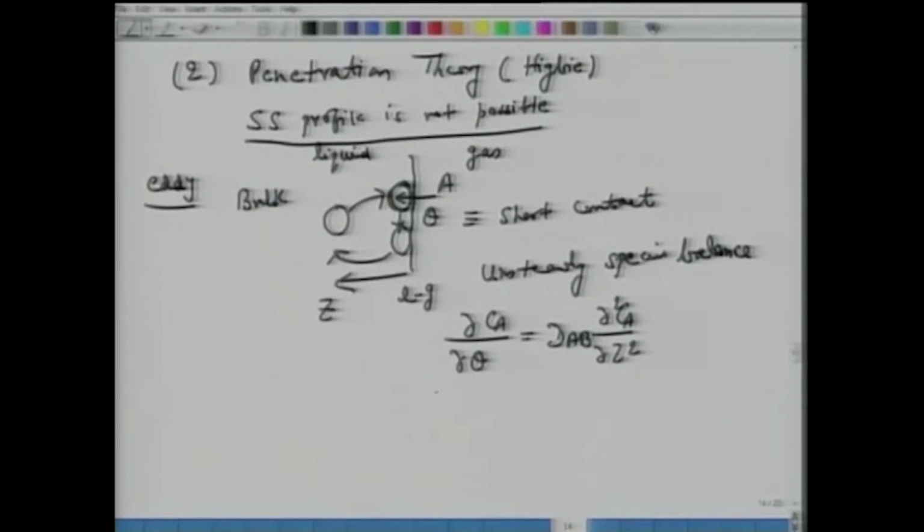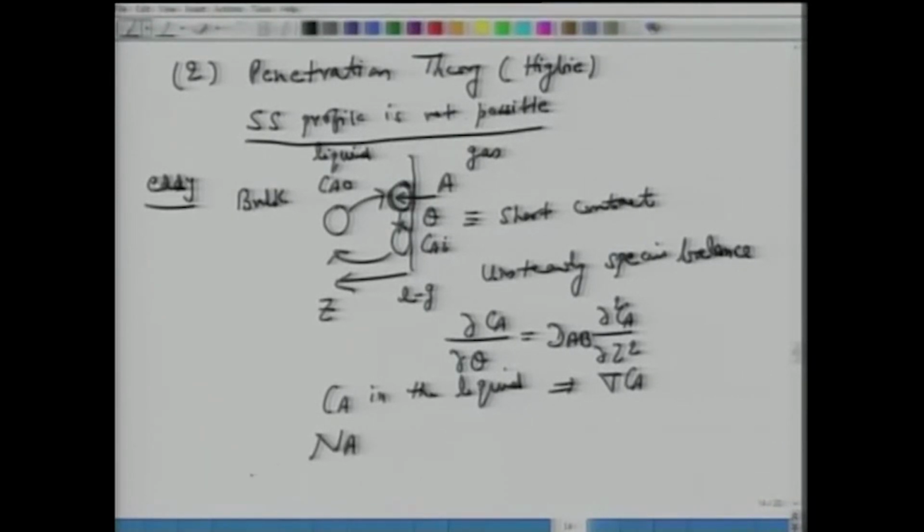One can start from here. At t equal to 0, maybe the concentration here was CA0, and at a certain time this interface is exposed to CAi. Then we can write this expression and solve it to obtain the concentration profile of CA in the liquid. Once we have the concentration profile in the liquid, we can calculate the concentration gradient and then the diffusion flux.